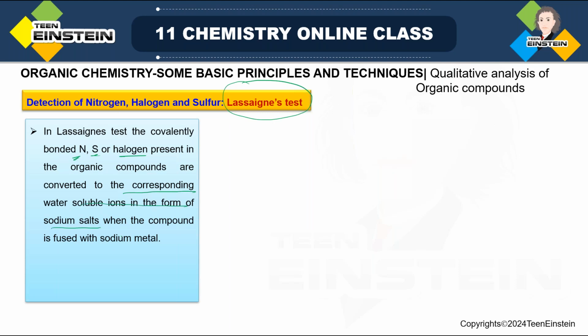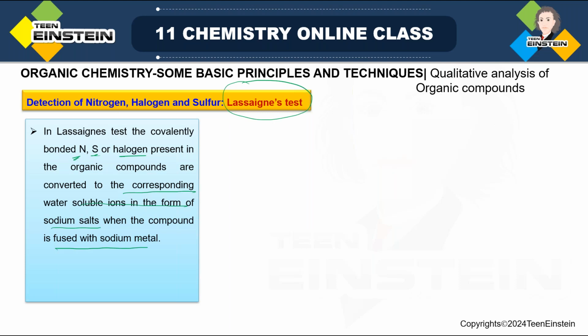So as if this covalently bonded nitrogen, sulfur, halogen that is present in organic compounds, in this test we convert them to some compound with sodium, as if now you have some inorganic compound. They are converted to sodium salt. That means in this test you have to use some sodium. So what we do is a fusion test with sodium metal. So directly we use sodium metal.